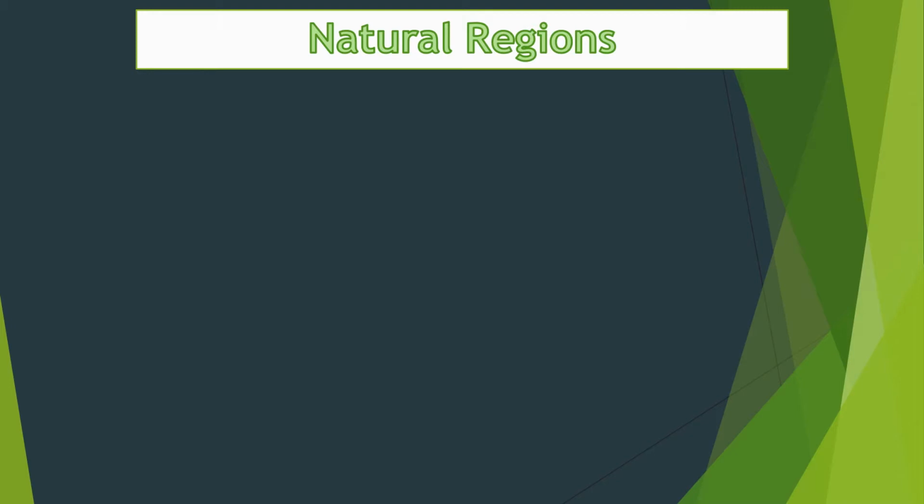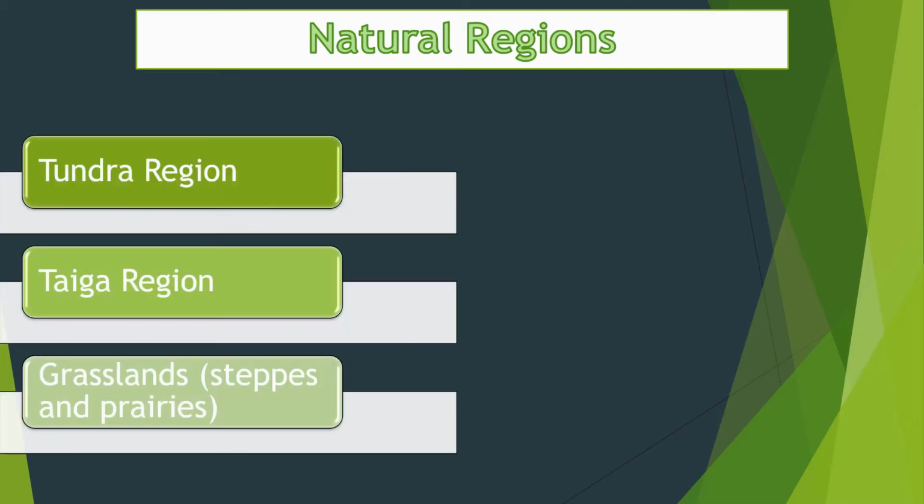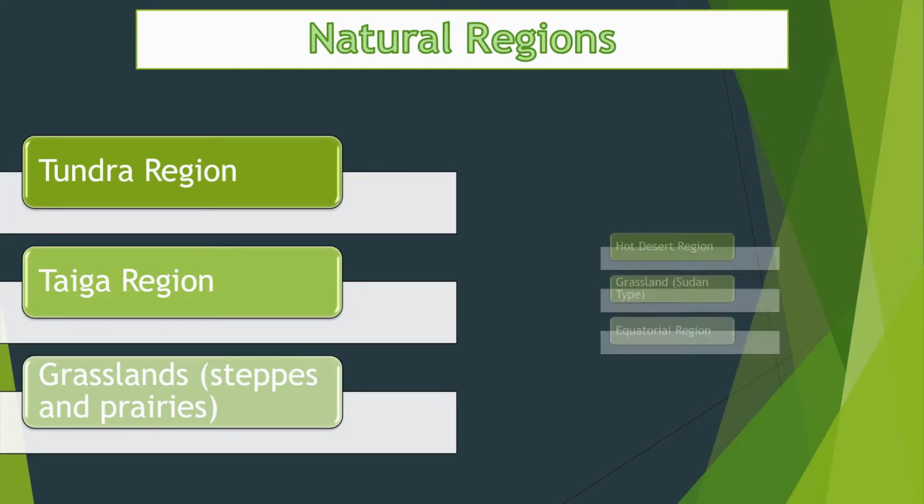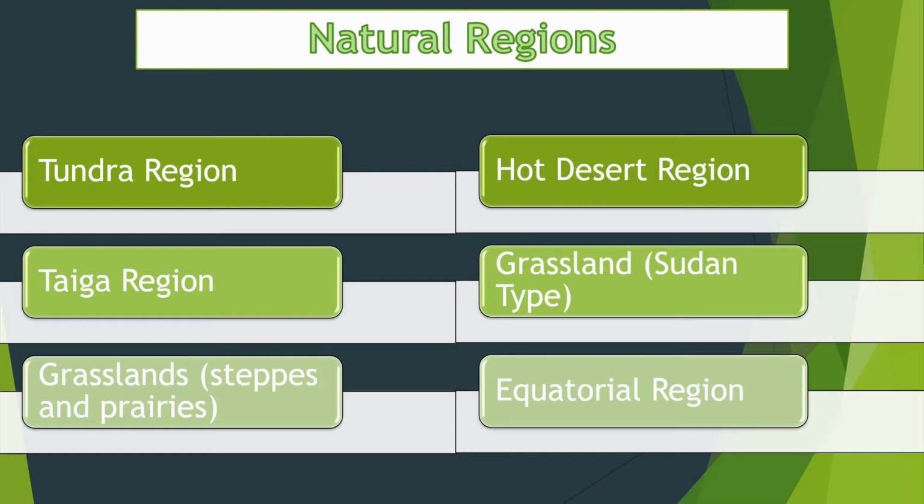The different types of natural regions are as follows: the tundra region, the taiga region, grasslands, steppes and prairies, the hot desert region, grassland, the Sudan type, and the equatorial region.